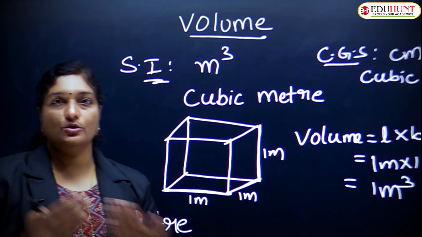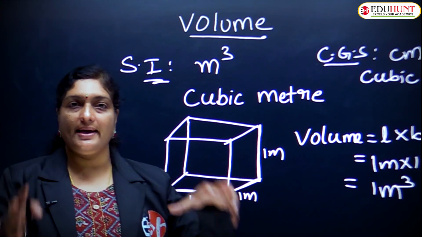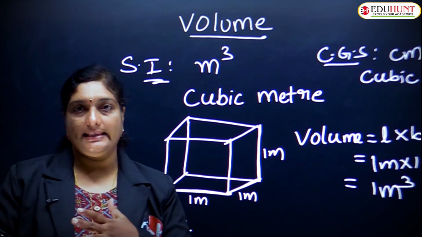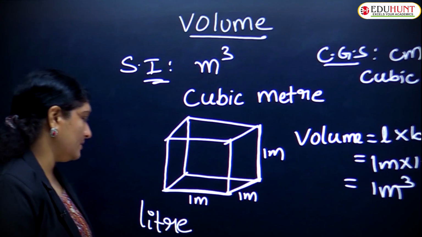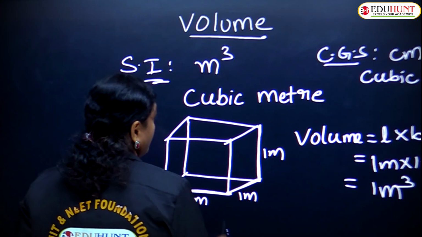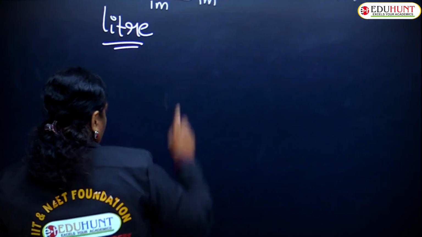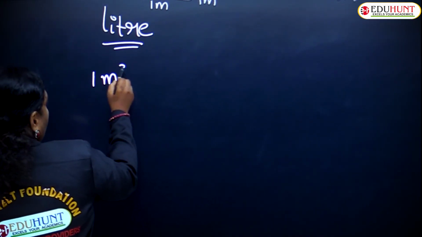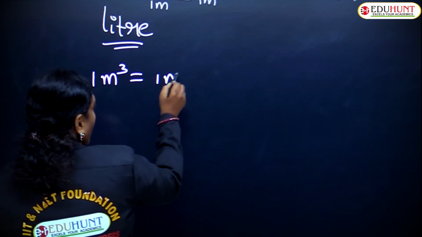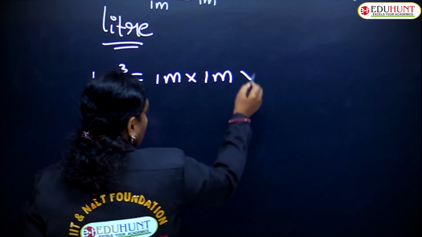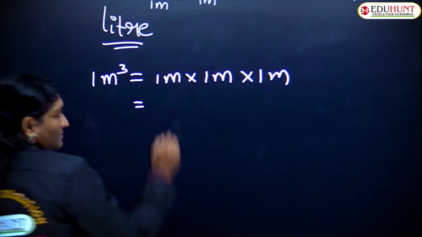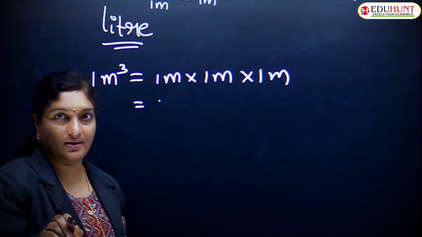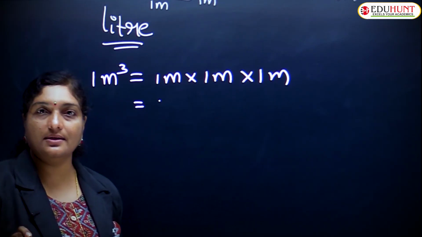Now, let us try to find some relation between meter cube, liters, centimeter cube and milliliters. Well, children, you need to know that 1 meter cube is nothing but 1 meter into 1 meter into 1 meter. If you would like to convert to centimeters, 1 meter is how many centimeters?